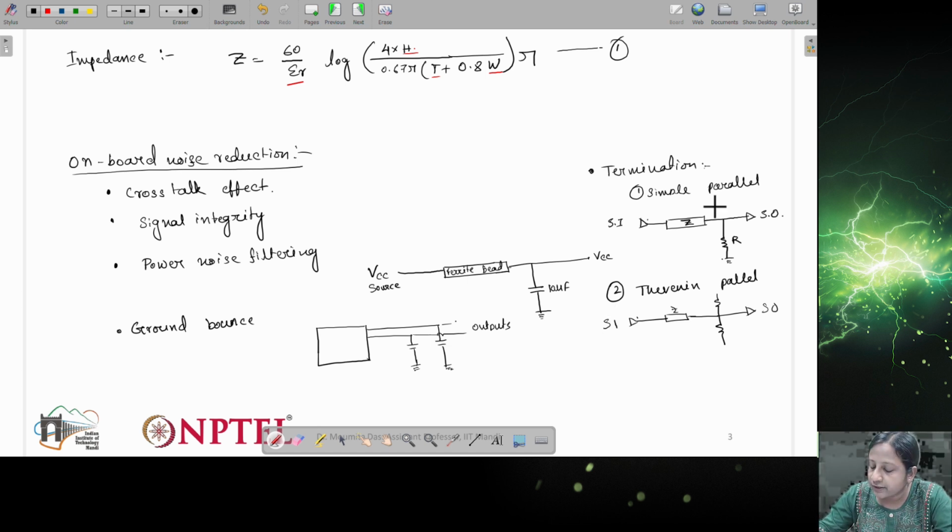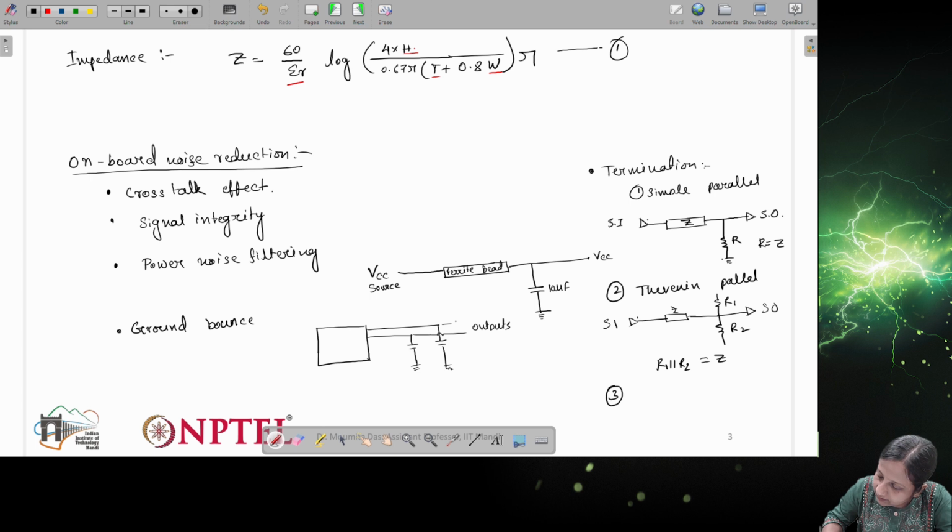In the first one, simple parallel, R should be equal to the value of Z. In the case of Thevenin, since it is R1 and R2 connected in parallel, R1 parallel R2 should be equal to Z. So ultimately we have to provide matching impedance for the termination.